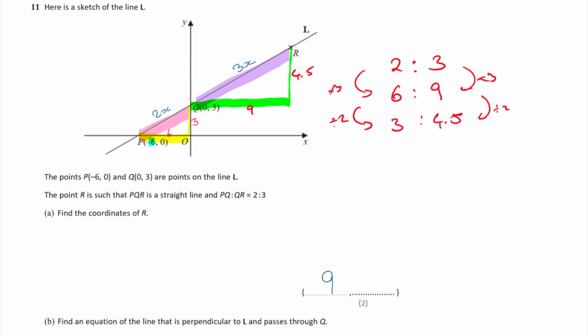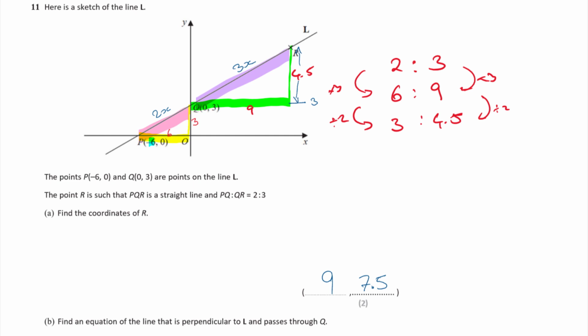Then for the y coordinate, if I'm already at 3 and I go up another 4.5, that's going to take me up to 7.5. So the coordinates of R are 9, 7.5.